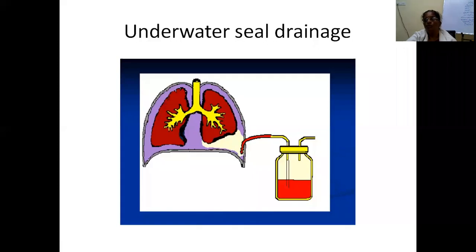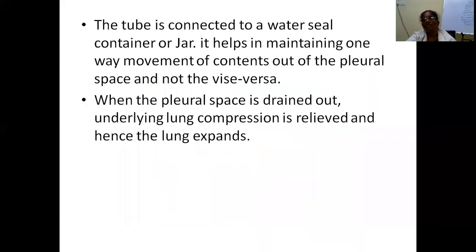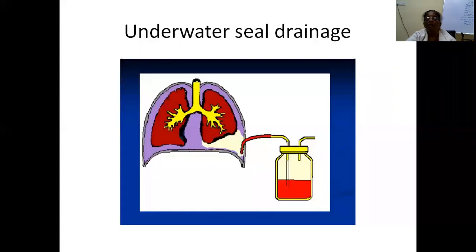So we should keep a jar which is half filled with fluid, and the tubing should be dipped in the fluid. Fluid is generally water. The tube connected to water in the jar also maintains and drains out. Another thing that we should take care of is, once the intercostal tube is introduced and it starts draining the pleural space.